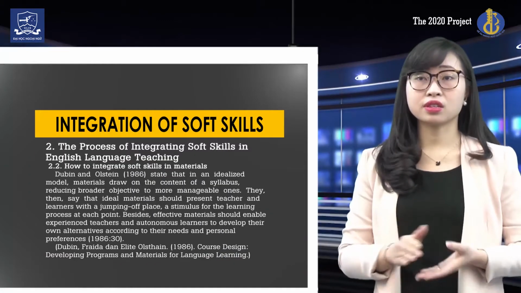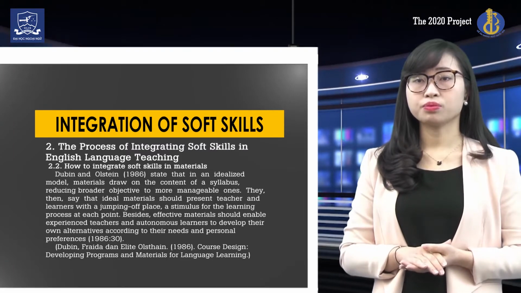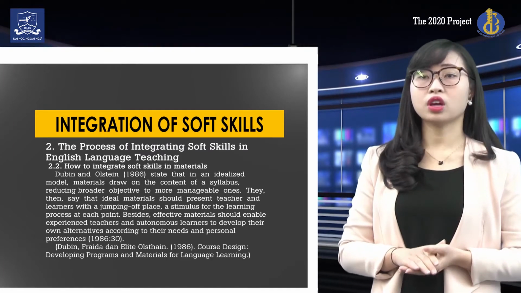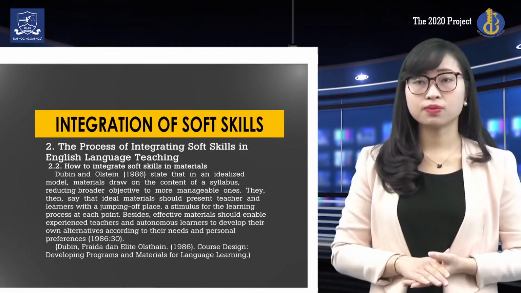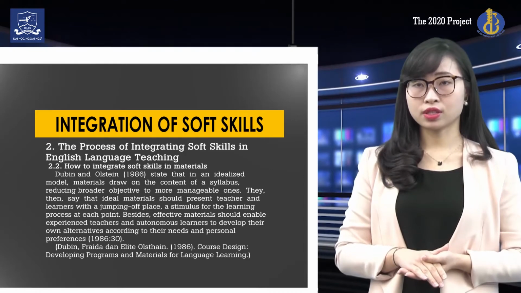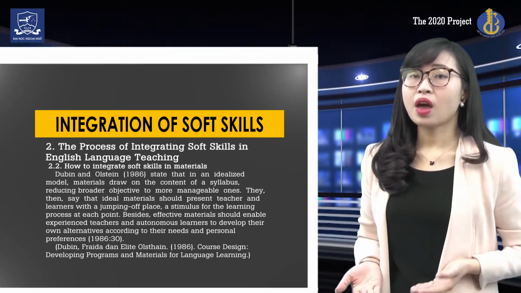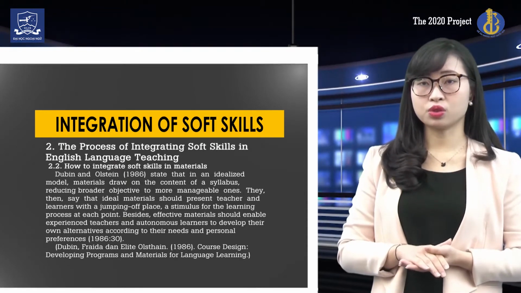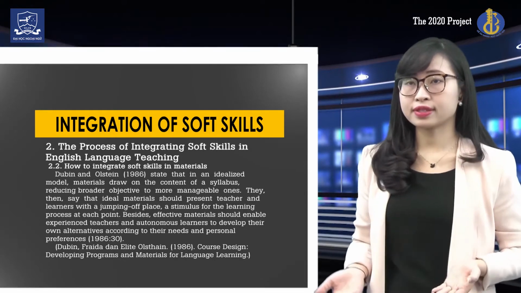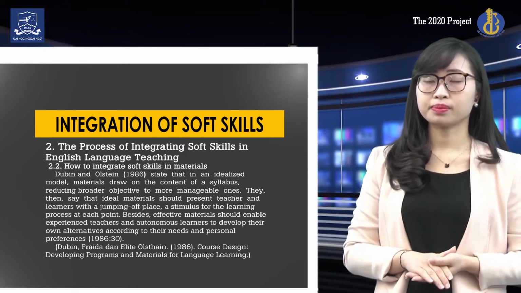Dubin and Austin stated that in an idealized model, materials draw on the content of a syllabus, reducing broader objectives to more manageable ones. Then, they say that ideal materials should present teachers and learners with a jumping-off place, a stimulus for the learning process at each point.